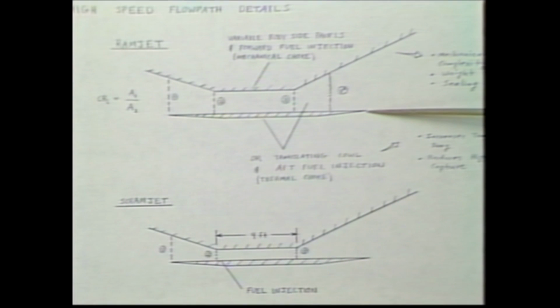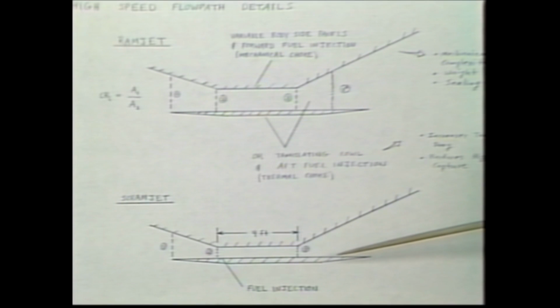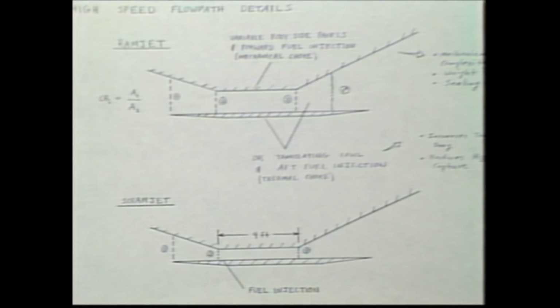Also, at high speed, you've got to clamp the thing down to increase the contraction ratio, as shown down here. Well, if you move the cowl in that direction, you're capturing less air. The amount of air you capture is a function of how low the cowl is. So there you've got a performance issue, and here you've got a weight and mechanical complexity issue.